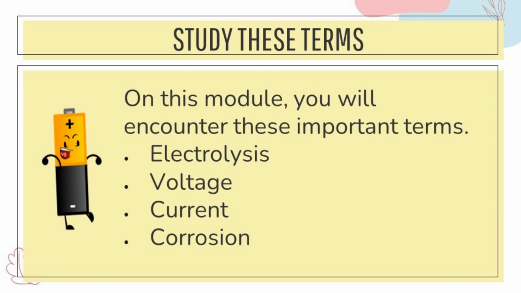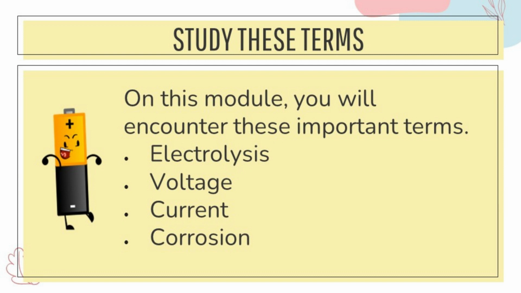This is a natural process which converts a refined metal into a more stable form. Let's say for example we have aluminum. With the application of different substances in the environment, we're going to have a more stable form such as aluminum oxide, aluminum hydroxide, and aluminum sulfide. So that is for corrosion.